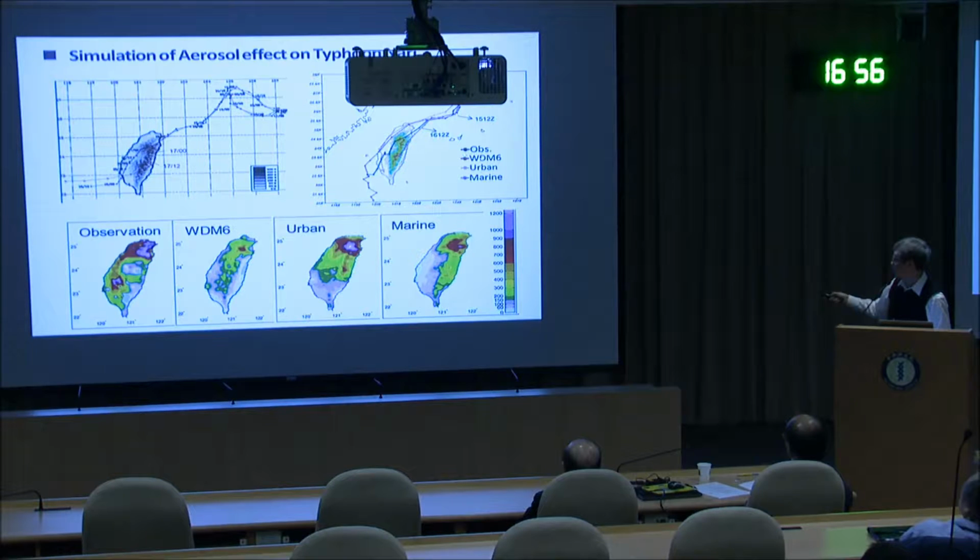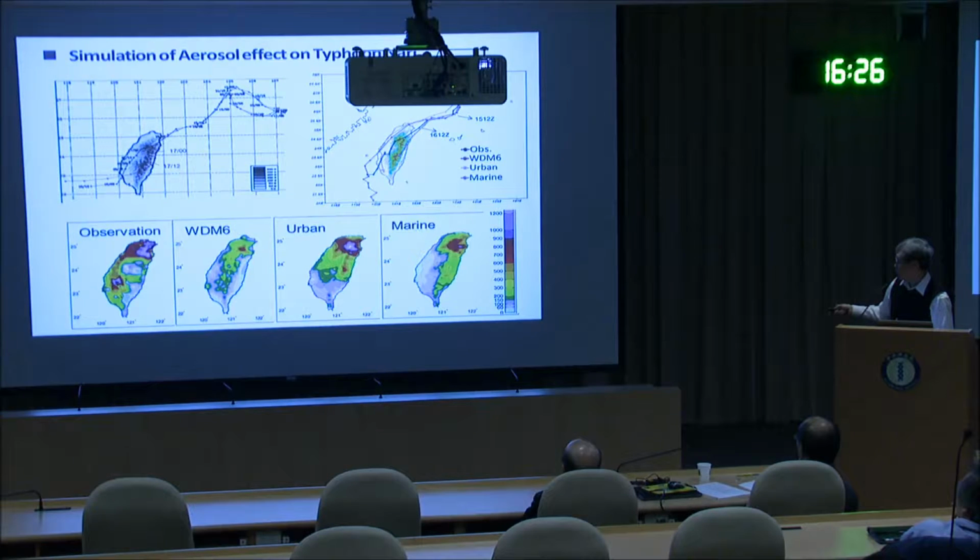This is the very popular scheme in the current WRF, the WSM5, the WSM6, which I think is a pretty good scheme. But we'll ignore that. We just compare the urban and maritime. The maritime goes this way to eastern Taiwan, but the urban type goes to western Taiwan, much closer to the observations. Due to the change of the tracks, you can see the precipitation also changes.